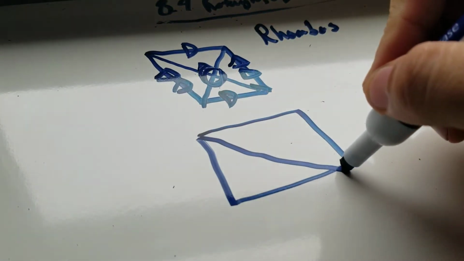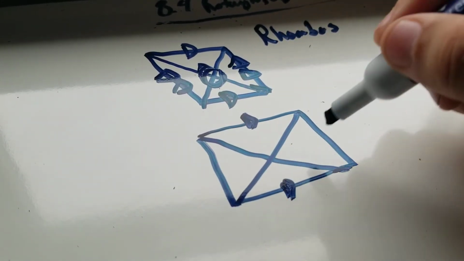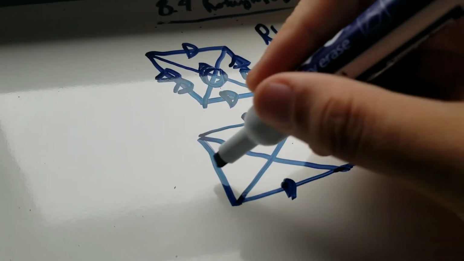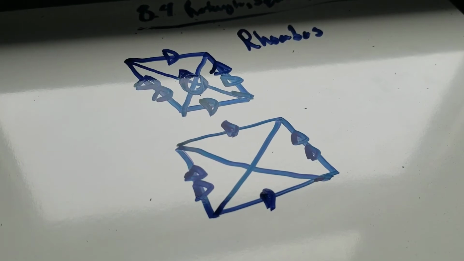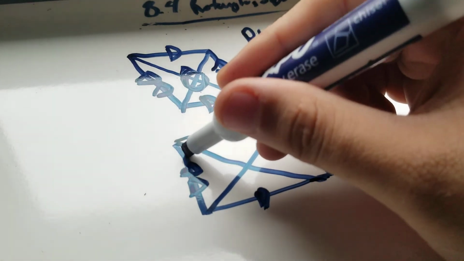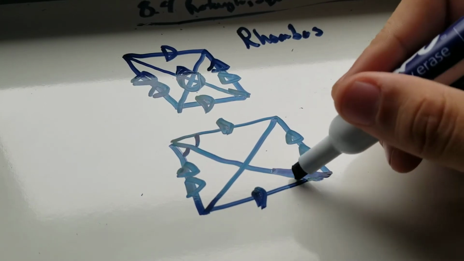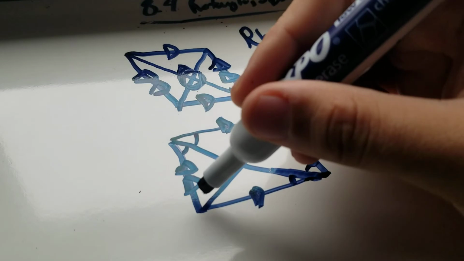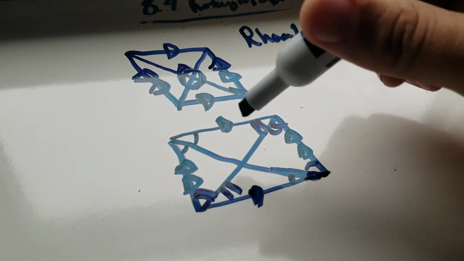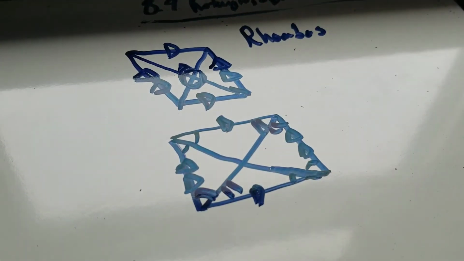Another parallelogram with another set of diagonals. It's a parallelogram, so let me just show they're parallel. Okay, if you know it's a parallelogram, and if you see that these two angles are bisected, let me redraw my line a little bit. These two angles are bisected. These two angles are bisected. And these two angles are bisected. So another way to think about it, all of the corners are bisected.